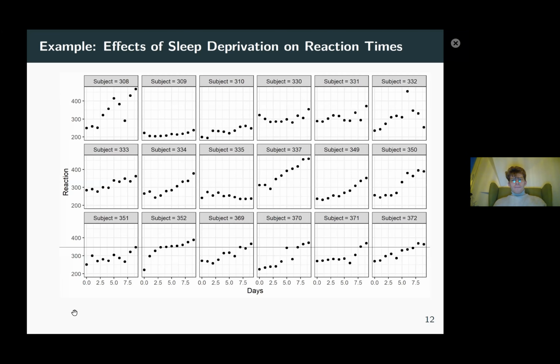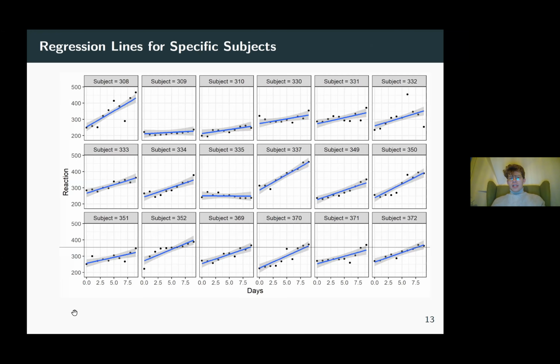So let's ignore the structure for now and just fit a linear regression model. For example, we could fit that linear regression model on each of them and would get a linear regression for each of them. But of course, we could also say, I don't care about the individual subjects. All I care about is the average reaction time increase through the days of sleep deprivation.